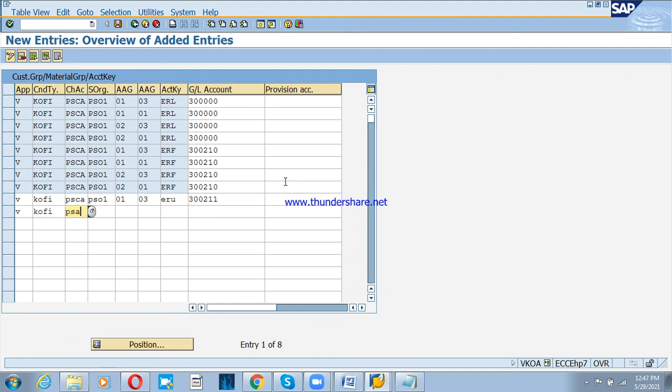KOFI, PSCA, PS01, 0101, ERU again, that is sales rebate, PS01, 0203 ERU. The next one, this is rebate.